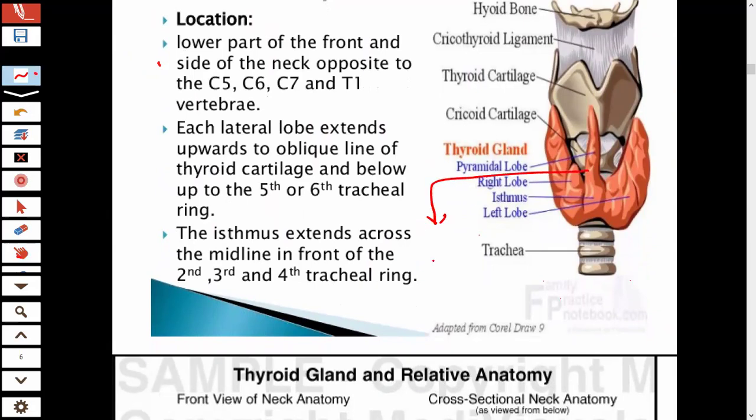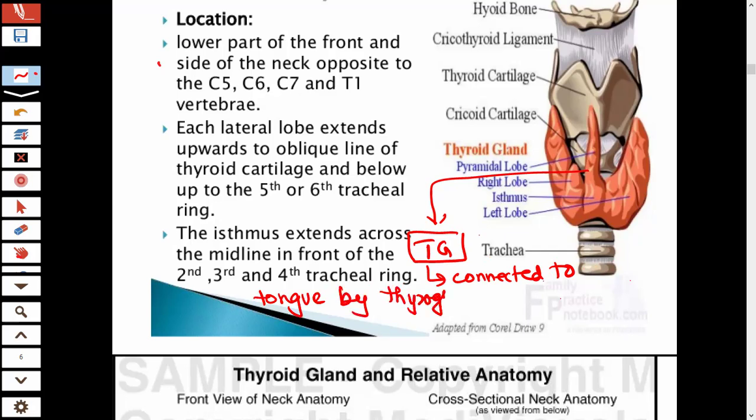So please remember, whenever the thyroid gland is developing embryologically, it is connected to the tongue by thyroglossal duct. Okay? Now what has to happen is that it must disappear. Normally it must disappear.